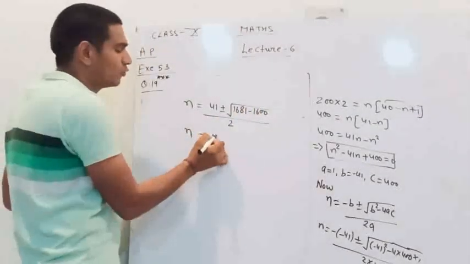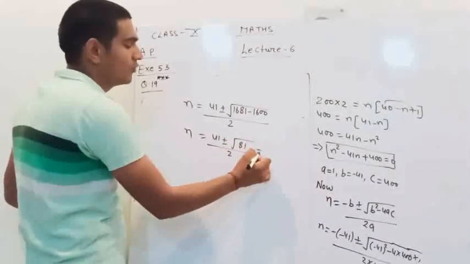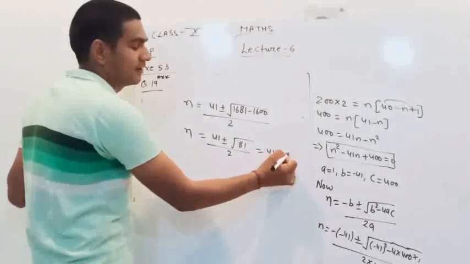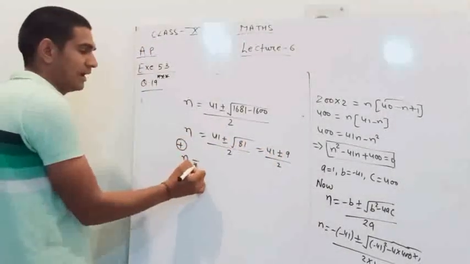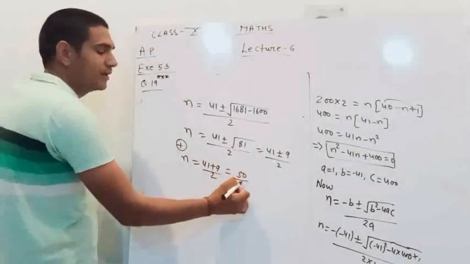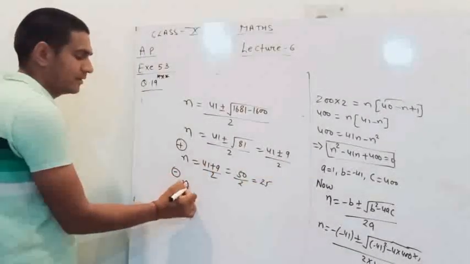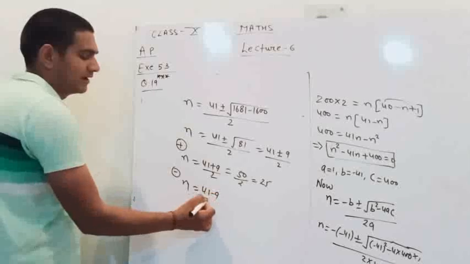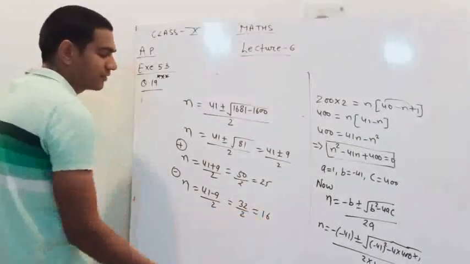So n equals 41 plus minus root of 81 divided by 2, which is 41 plus minus 9 by 2. Taking the positive sign, n equals 50 upon 2, which is 25. Taking the negative sign, n equals 32 upon 2, which is 16.